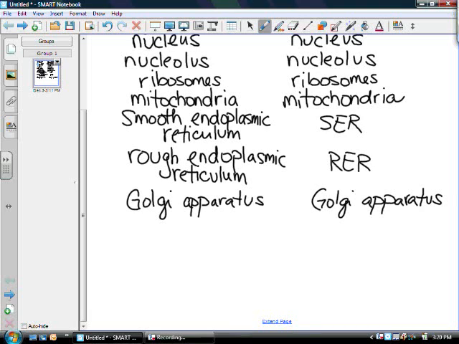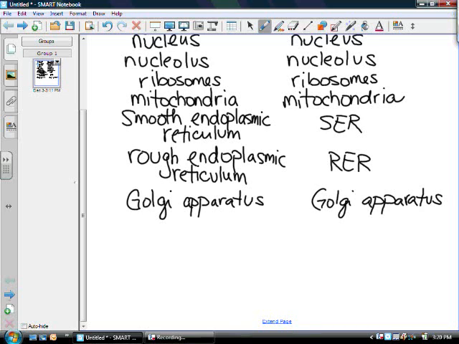If a protein is made by a ribosome on the rough endoplasmic reticulum, the rough endoplasmic reticulum will transport it to the Golgi apparatus. The Golgi apparatus can package it into a vesicle, just a small little sac, and that vesicle will release the protein out of the cell so it can move to wherever it's needed in the body.